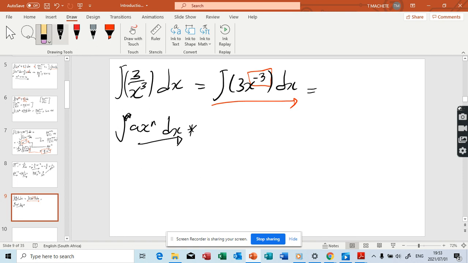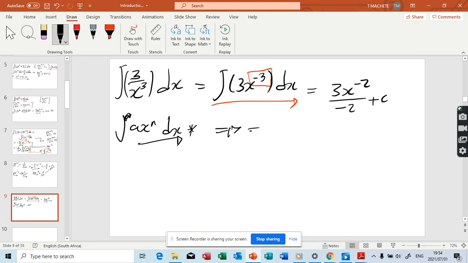It's 3x. 3x to the power what? Minus 2. Thank you. Plus c, right? So write it in a standard form. Take it back to its original form, not in a negative exponent. Then how do you do it?